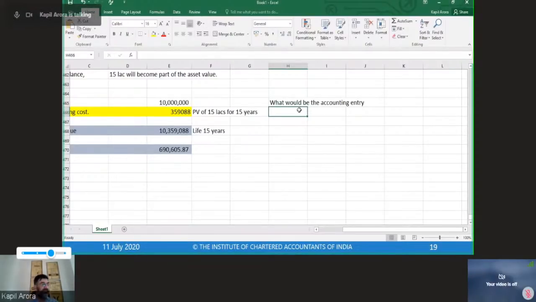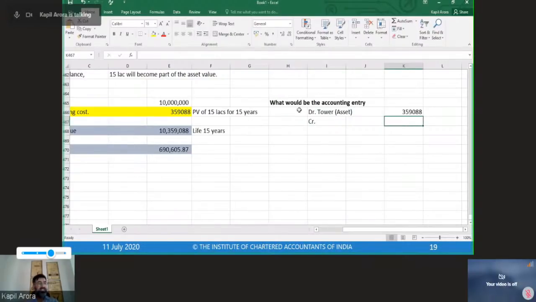Let's first find out what would be the journal entry and how to place that in the balance sheet. The journal entry would be debit tower, which is my asset, at the present value of my 15 lakh for 15 years. But what would be the credit?